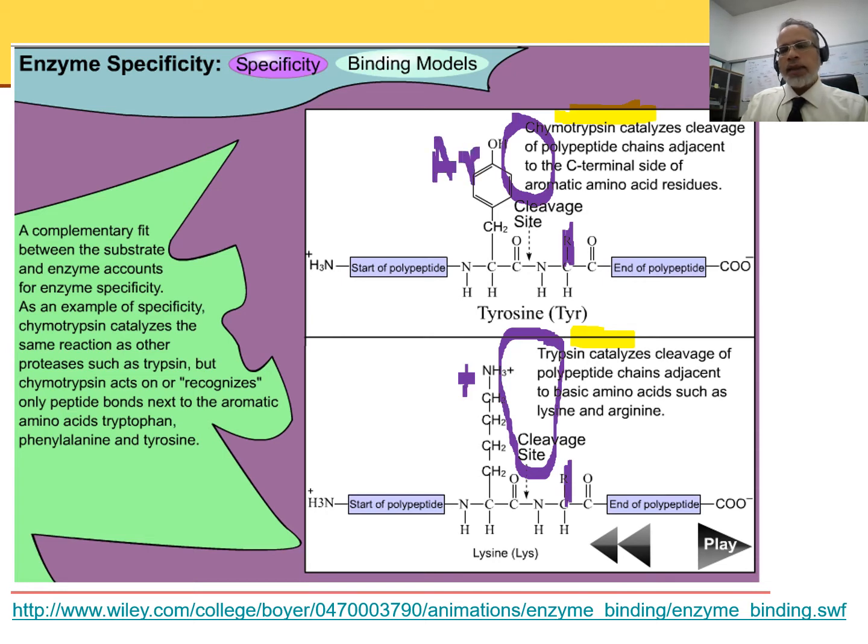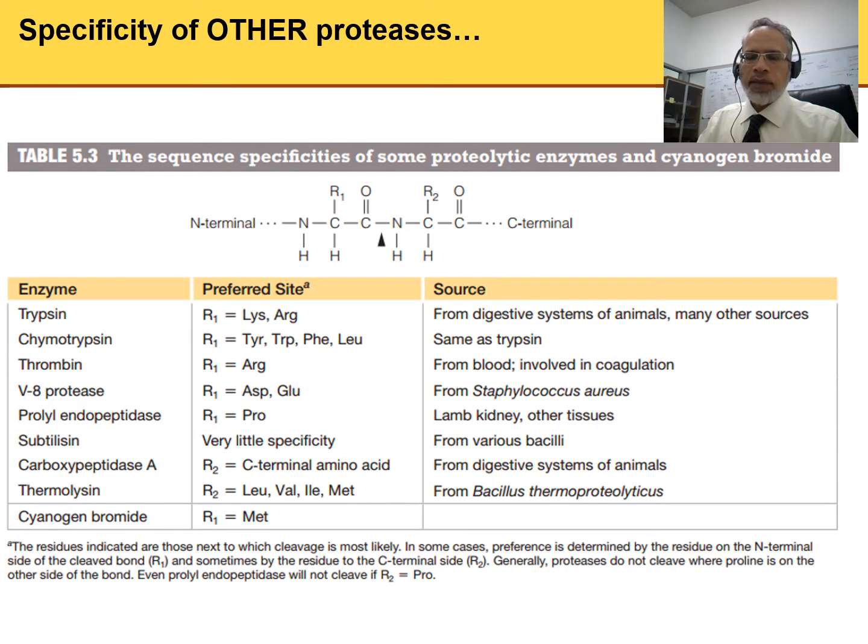And that's the big difference between the two enzymes. This drives the substrate specificity, meaning the active sites of trypsin and chymotrypsin must be different to accommodate these two substrates. So if you click on this link, you'll find very nice information, and we'll see that later on as well.